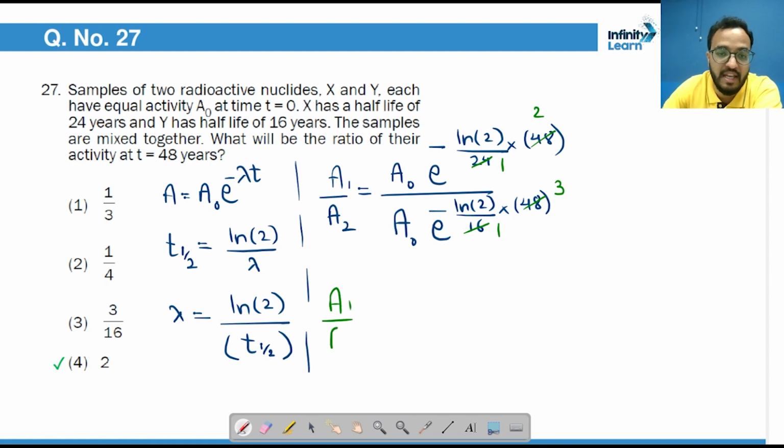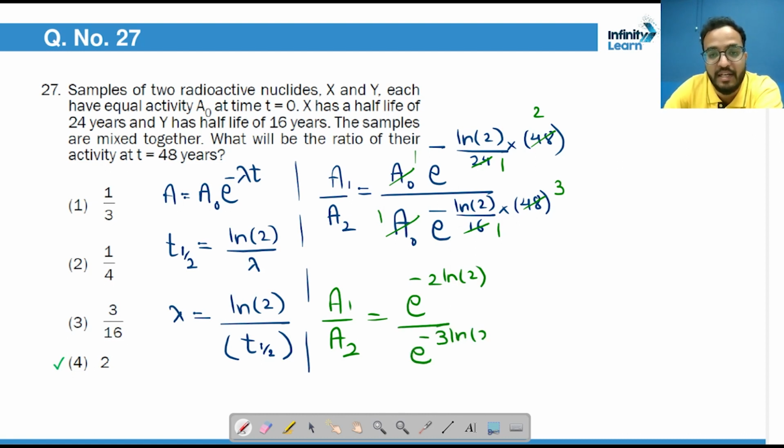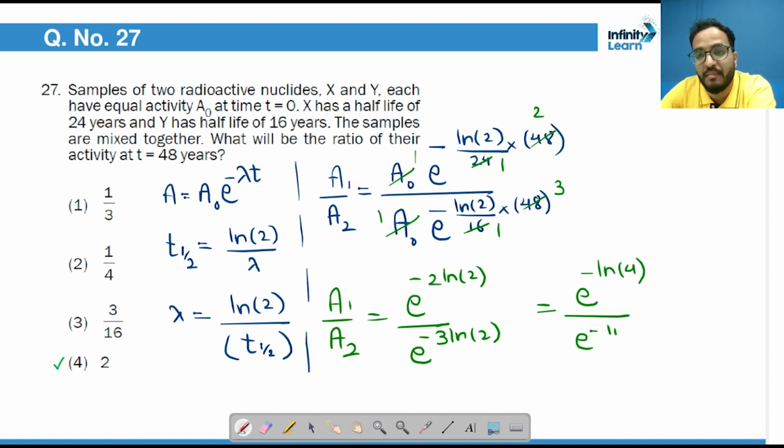So we can say that A1 by A2 will become e to the power minus 2 ln2 upon e to the power minus 3 ln2. Now these coefficients will become powers inside, so e to the power minus ln4 upon e to the power minus ln8.